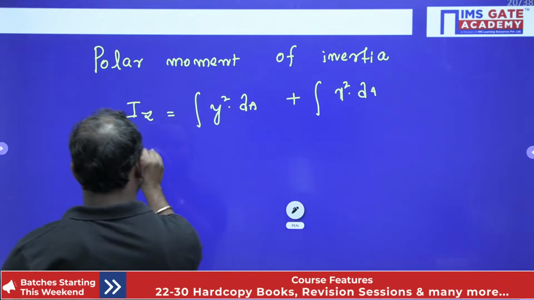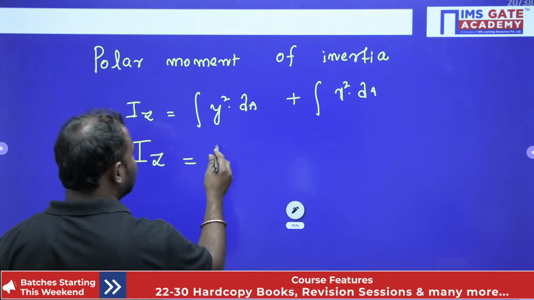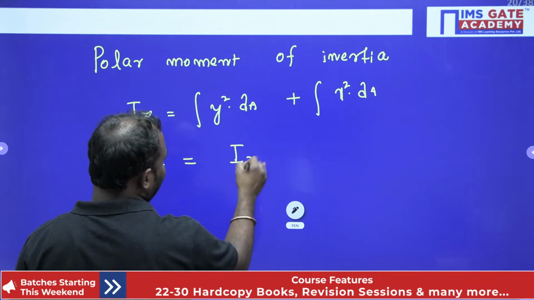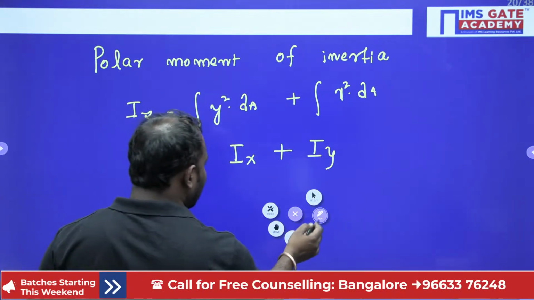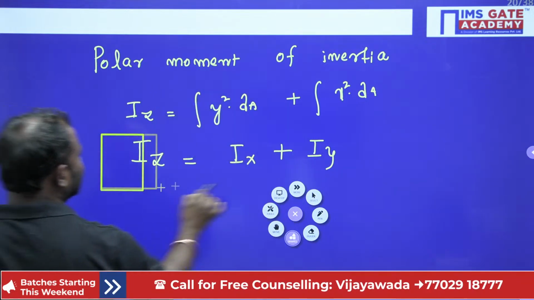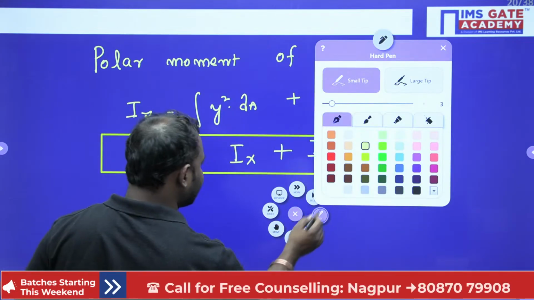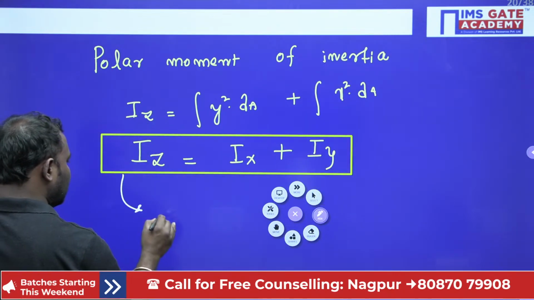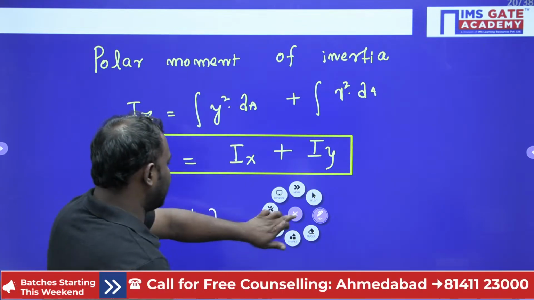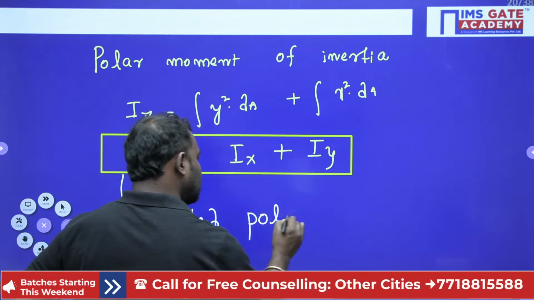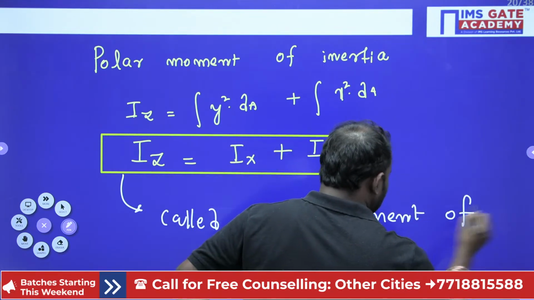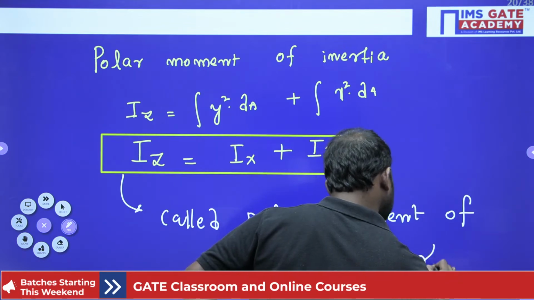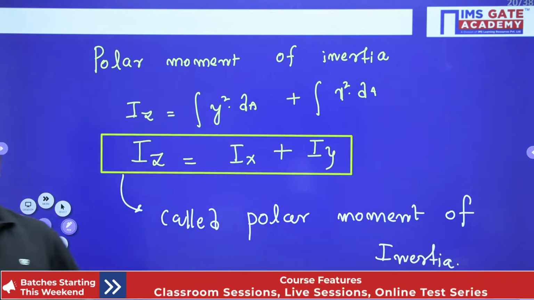All right. Now this I can write as Iz is equal to moment of inertia about x axis plus moment of inertia about y axis, right? This is called polar moment of inertia. Clear everybody guys? Hope you understand, guys.